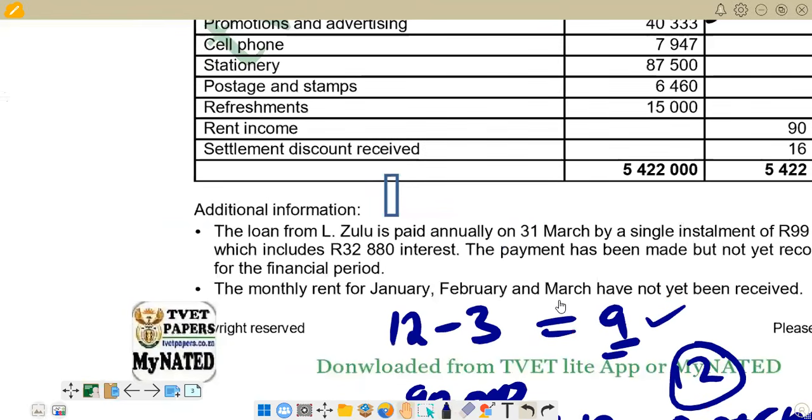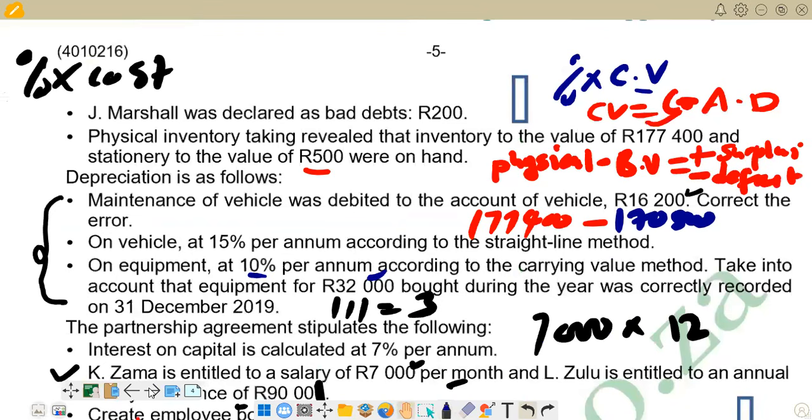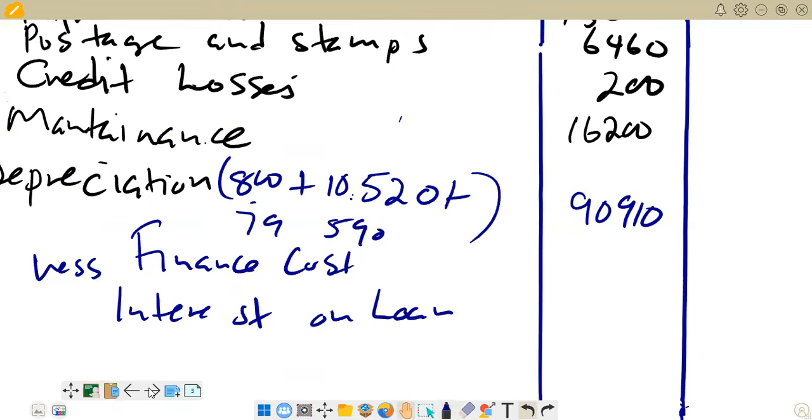Loan here, we are given it is 32,880. So this is the figure that we are going to put for interest on loan, 32,880.